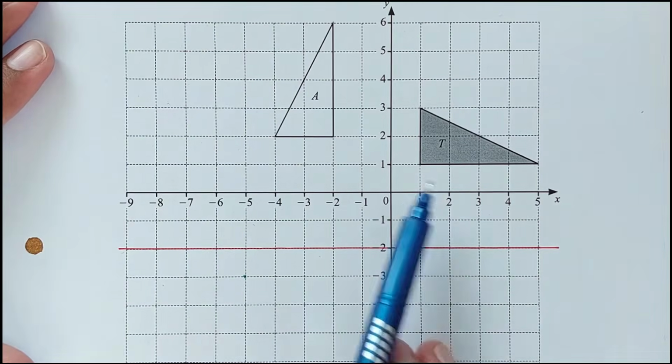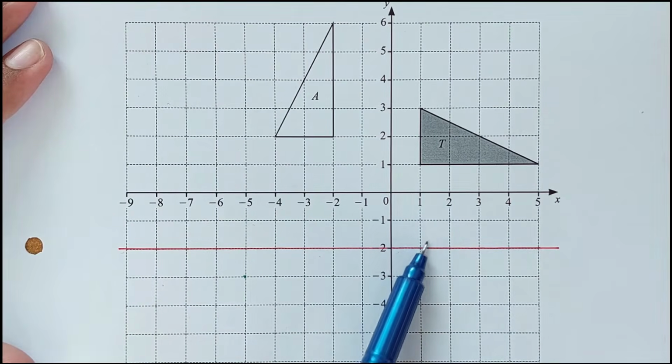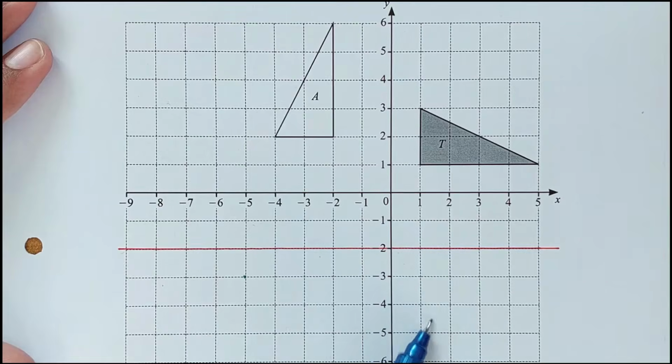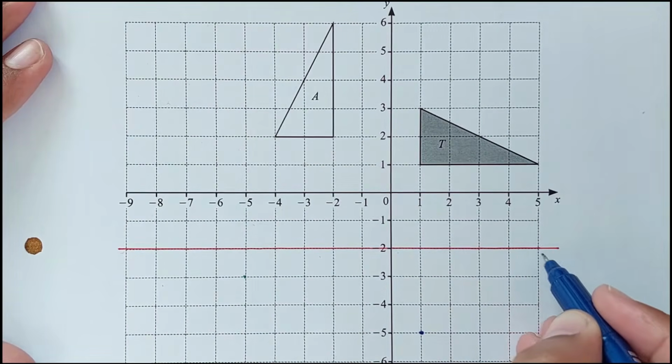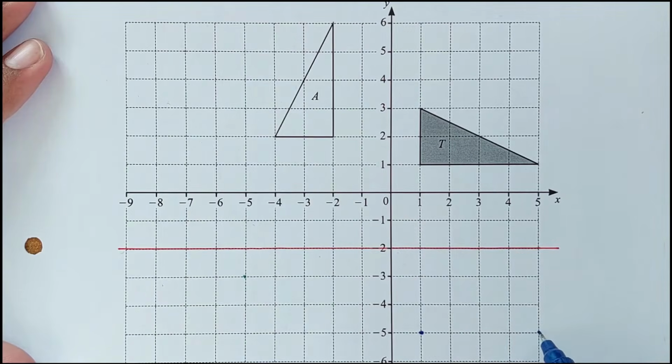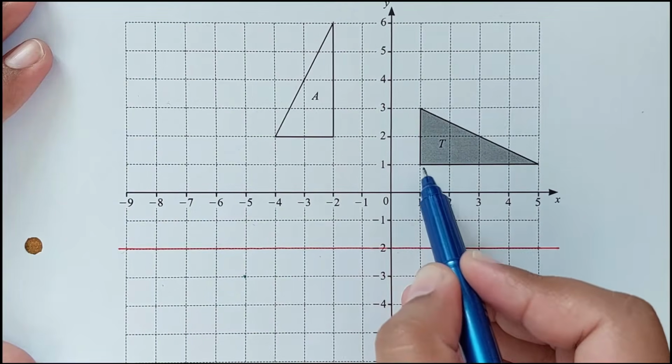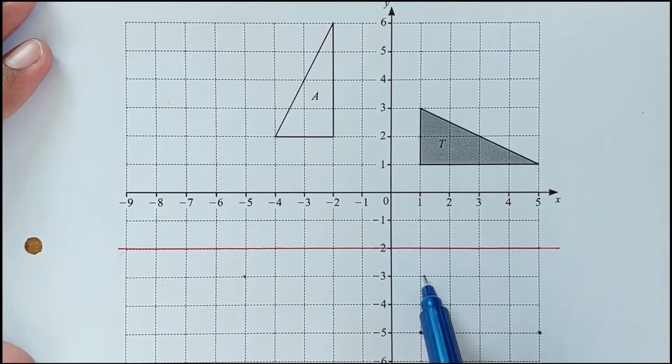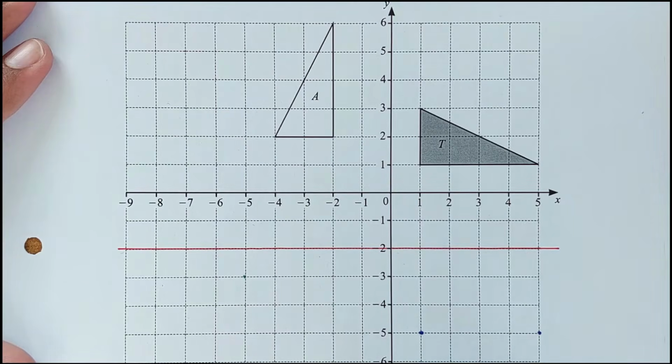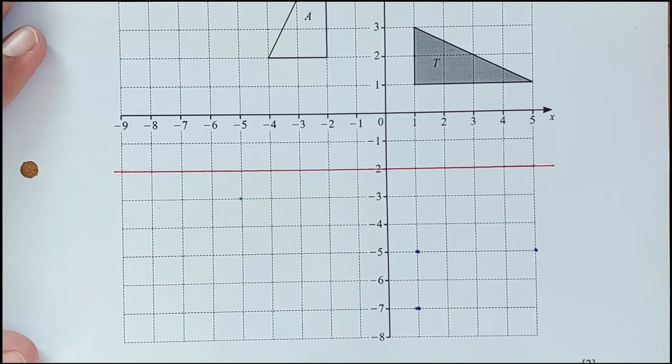So when we reflect, 1, 2 and 3, 1, 2, 3, 4, 5. This is the reflected triangle now.